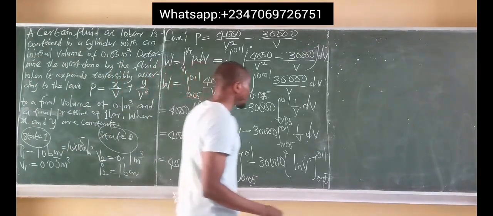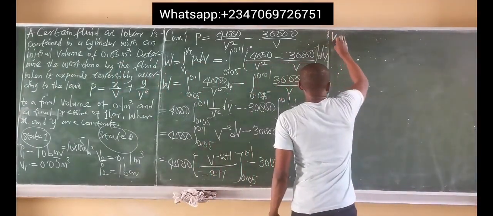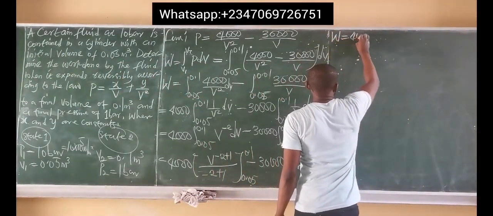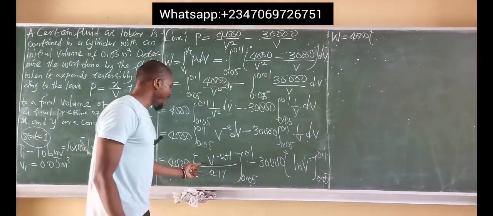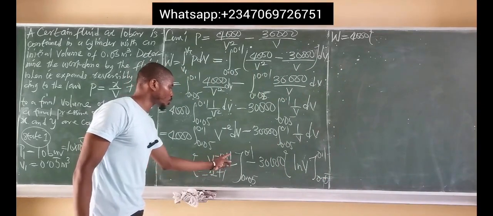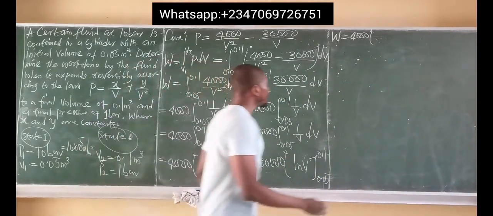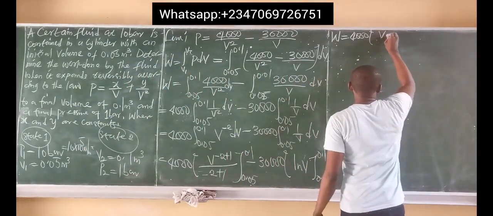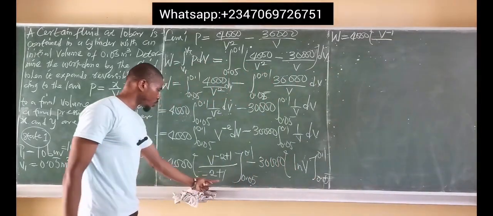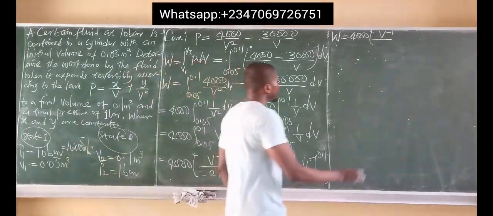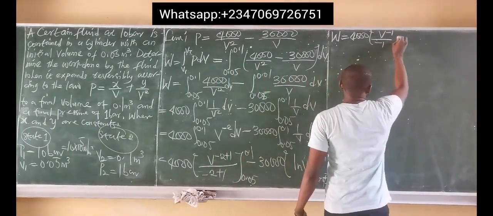Okay, so the work done is now equal to 4,000 into v to the power of minus 2 plus 1. Minus 2 plus 1 simply gives us minus 1. So you have v to the power of minus 1 all over, same thing here, minus 2 plus 1 also gives us minus 1. So all over minus 1.